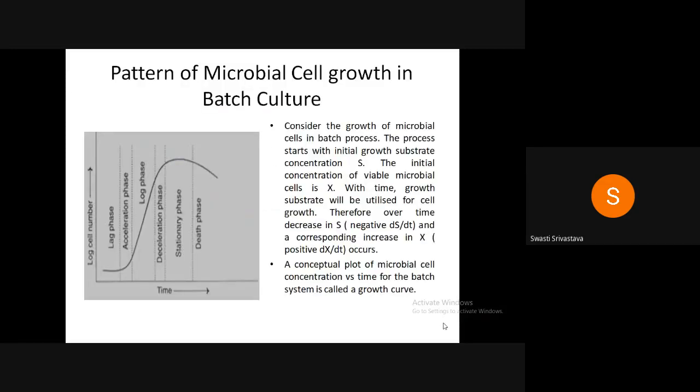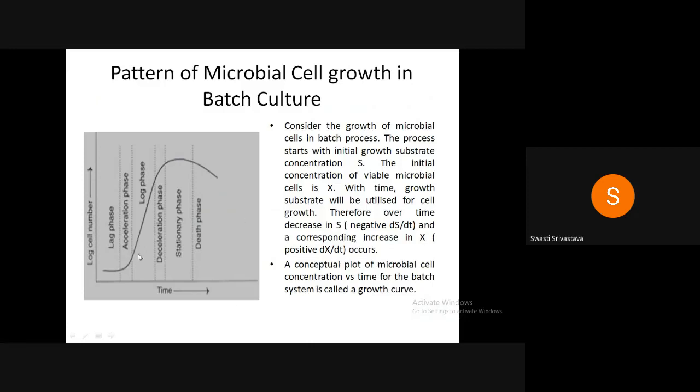Now, the very first thing that we need to understand is how the microbial cell populations grow in the batch culture. Suppose we are starting to identify the growth processes, and we take the growth substrate concentration as S, and the initial viable microbial cell population as X. With time, the growth substrate will be utilized for cell growth, and therefore over time there is a decrease in S, that is negative dS/dt, and a corresponding increase in X, that is positive dX/dt.